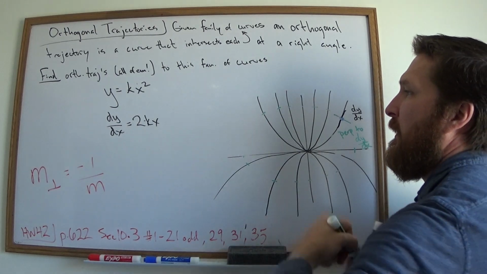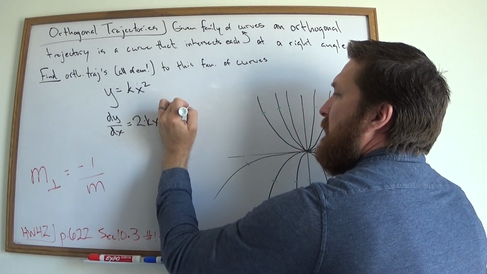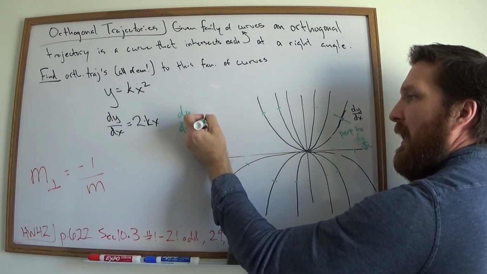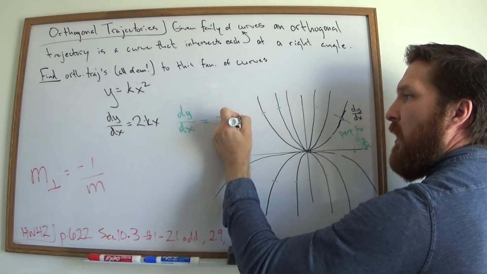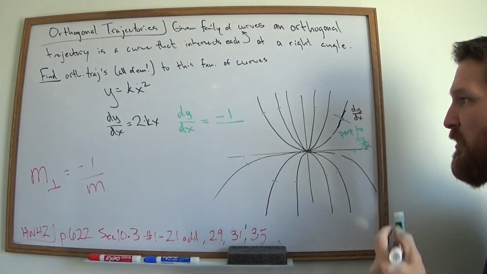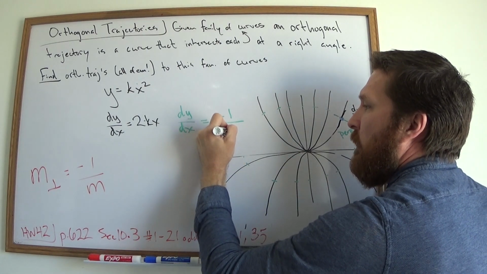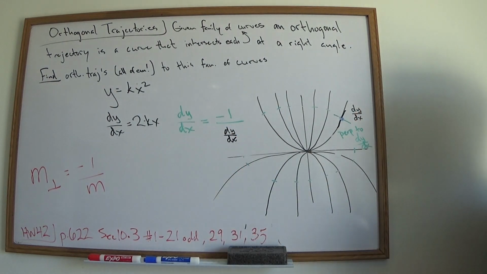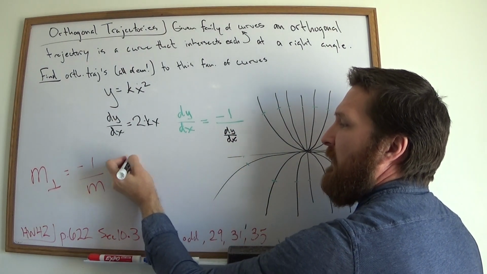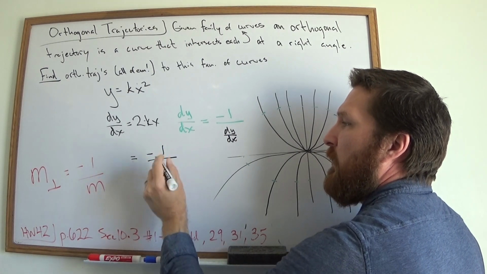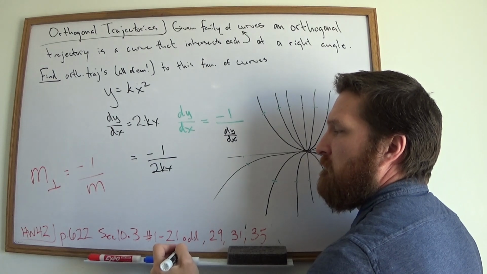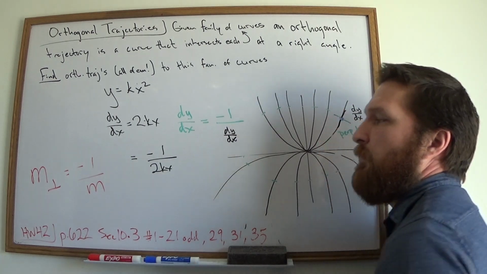So the dy dx that's perpendicular to it has to have the form negative 1 over the original dy dx, whatever that is. That's negative 1 over 2kx.